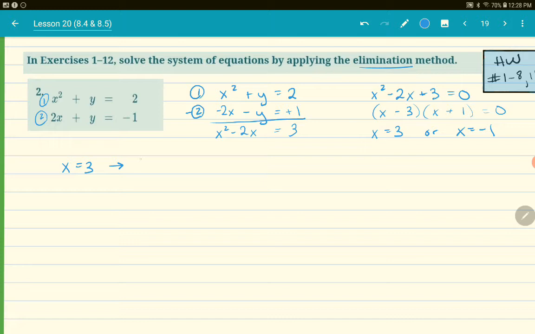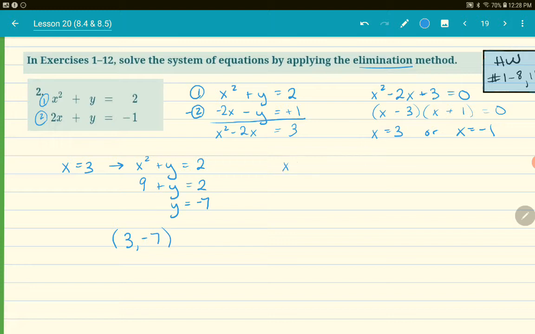I can pick either equation and solve for y. And plugging in the 3 for x, we get x squared is 9 plus y equals 2. So y, subtracting 9 from both sides, gives me negative 7. So that gives me the solution 3, negative 7.